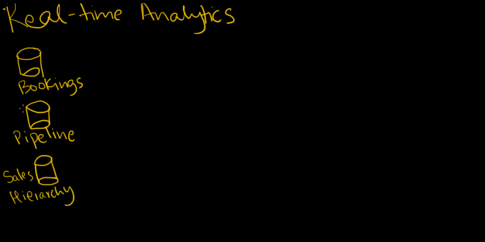And there could be other data sources, such as your sales hierarchy. So when a company is interested in doing any type of analysis, it extracts data from all these different sources and then runs analytics models on those to derive some meaningful business insights. Now the problem with the operational data systems is that you're dealing with large volumes of data, millions and millions of rows.